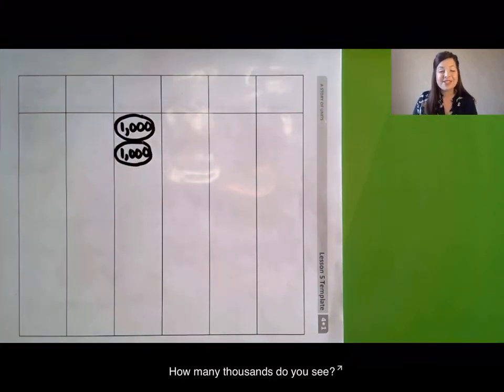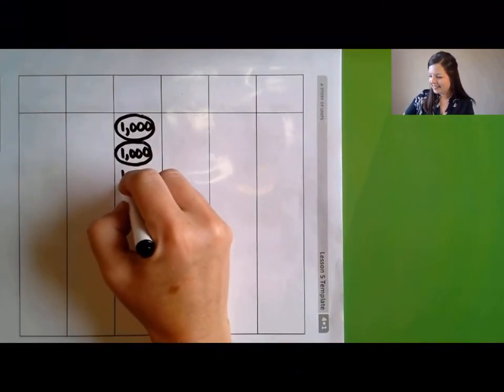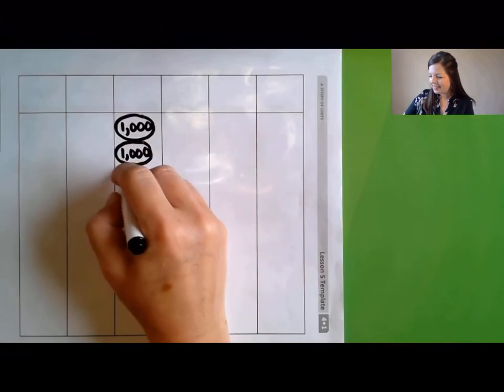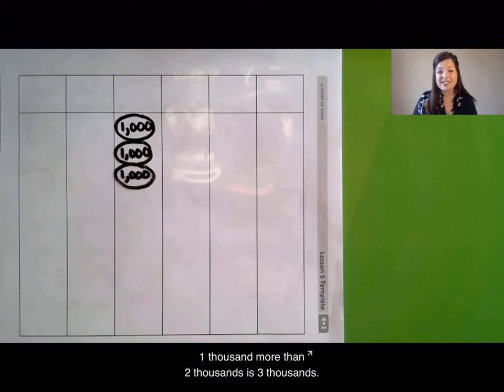How many thousands do you see? There are 2 thousands. What number is 1,000 more than 2 thousands? One thousand more than 2 thousands is 3 thousands.